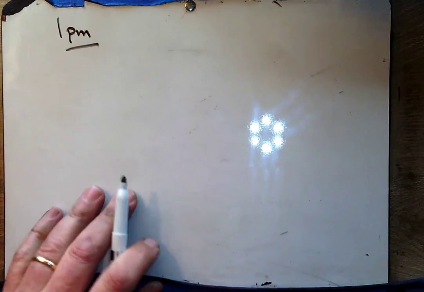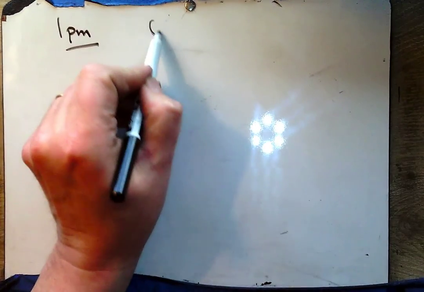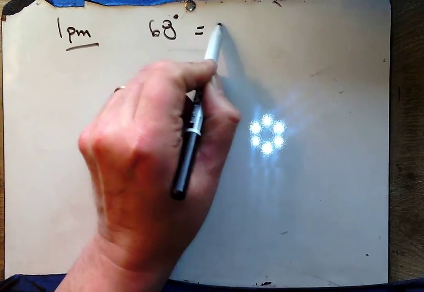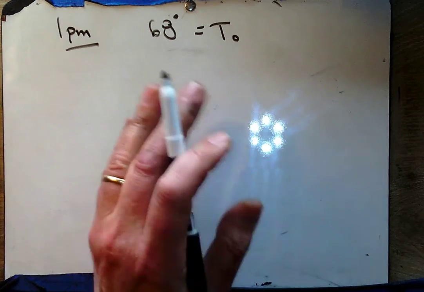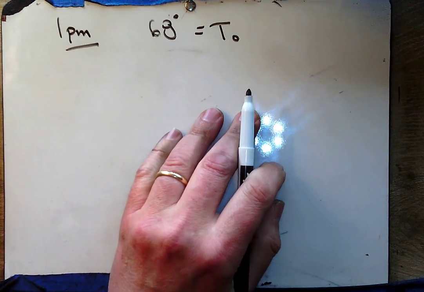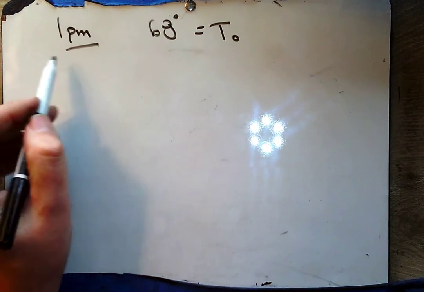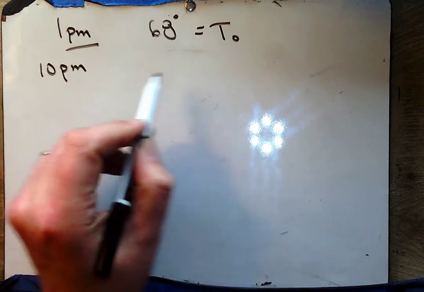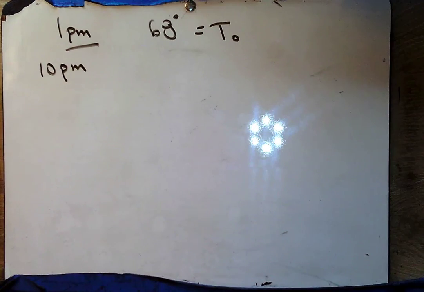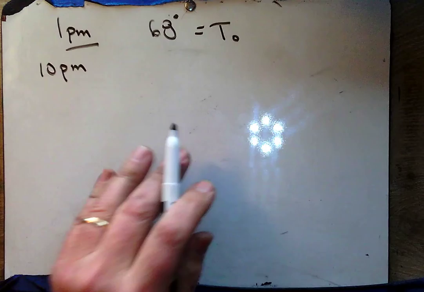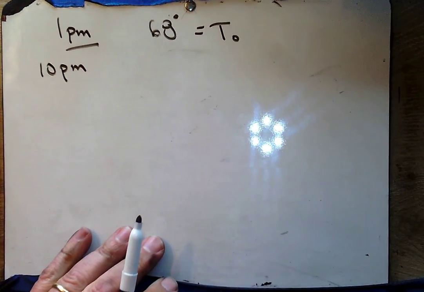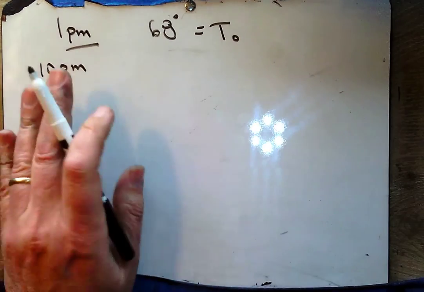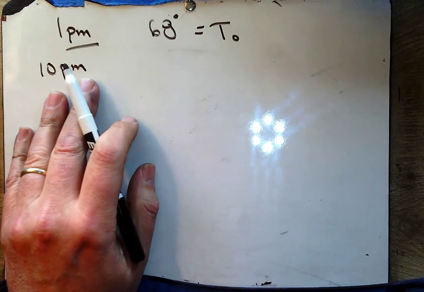And this is winter. So, when the power goes out, the temperature was 68 degrees. That's our original temperature. Okay? And at 10 p.m., when you think, I think I'm just going to crawl into bed because my candles have run out because there's no electricity.